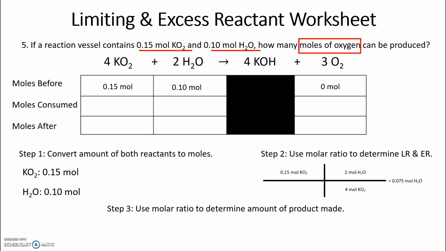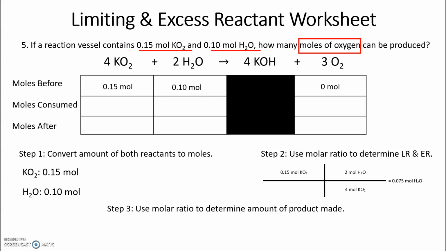So the next question we want to ask ourselves is, do we have enough water? So if we need 0.075, we want to look at the amount of moles given in the problem to see, do I have enough? So we were given the starting amount of 0.1 moles of water. So yes, we have more than enough. So water is going to be our excess reactant in this problem. So out of the 0.1, 0.075 moles are going to be used up.